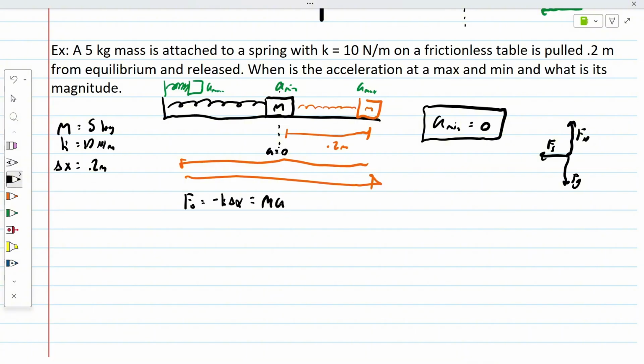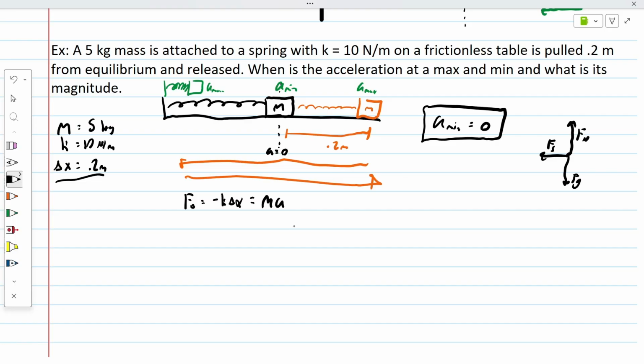And the acceleration we want is the max acceleration. So that's going to be when the change in x is at its max point, which we already defined as its max point over here. Okay? Since we're just worrying about magnitudes, we don't need to worry about this negative, because this is just saying the force is in the opposite direction as the change in x.